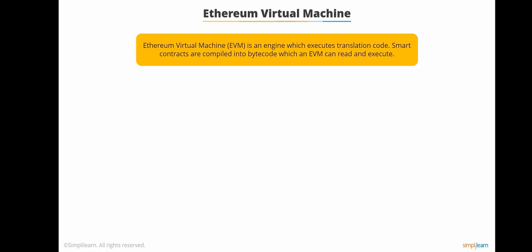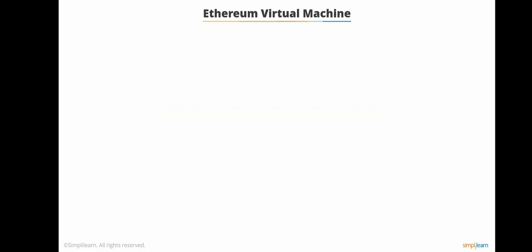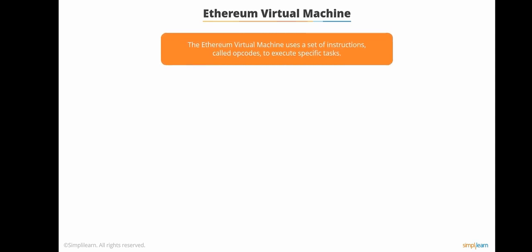Smart contracts are compiled into bytecode, which an EVM can read and execute. The Ethereum Virtual Machine can be regarded as a quasi-Turing complete machine. It possesses its own programming language, known as the EVM bytecode. Once the code is written in higher-level programming languages, it can be compiled to EVM bytecode.